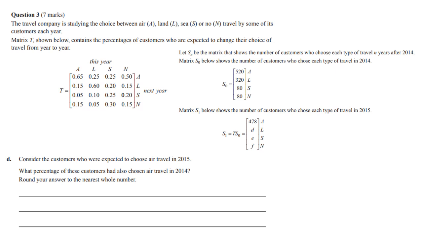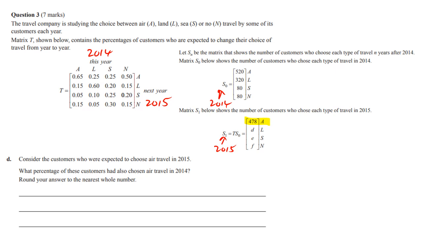So consider the customers who were expected to choose air travel in 2015. Well, that's air travel in 2015. Let's remind ourselves that S1 is 2015, S0 is 2014. So this is your 2014 going to 2015. What percentage of these customers had chosen air travel in 2014?